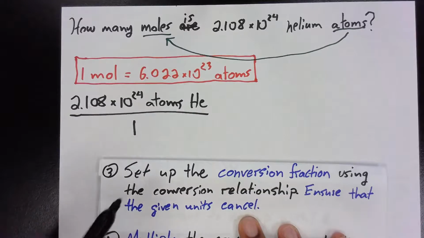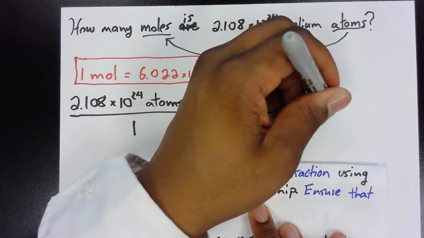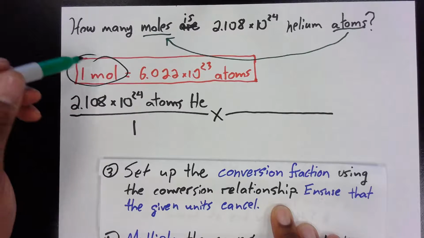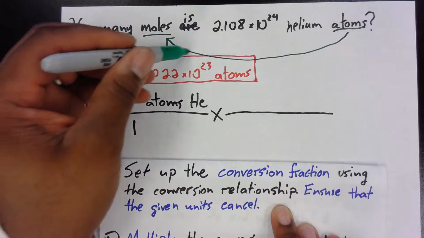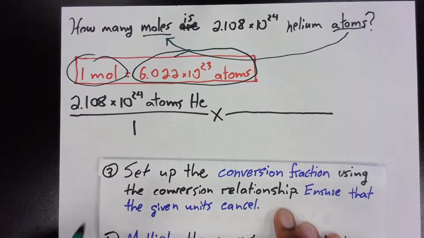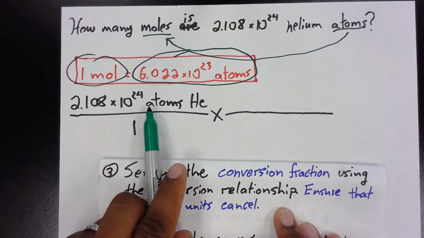So here's what I mean by that. I'm going to set up that conversion fraction, so we're going to multiply by another fraction. Now for this fraction, I'm going to use the relationship. I know that I have 1 mole on this side, and 6.022 times 10 to the 23rd atoms on that side. So I'm going to look at what I have originally in my given.